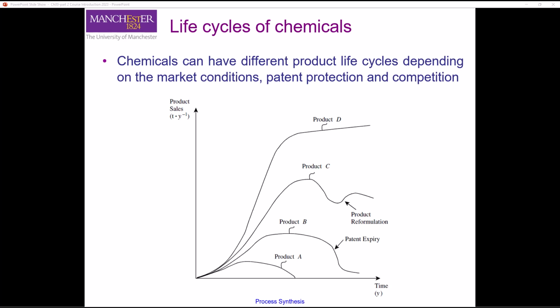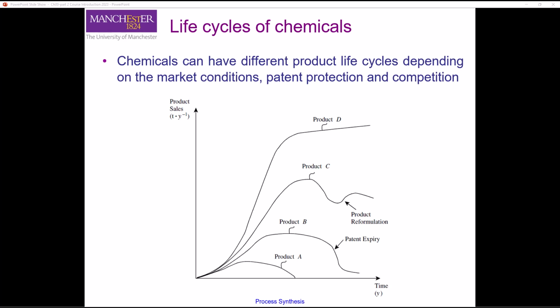So what is important to remember in this part of the lecture is that when you are designing a chemical process, it is important to understand the features of the chemical product that you want to manufacture, because it is going to influence the objectives and the priorities of your design. Okay, because if you are designing a commodity chemical, you are going to have different process requirements and objectives.